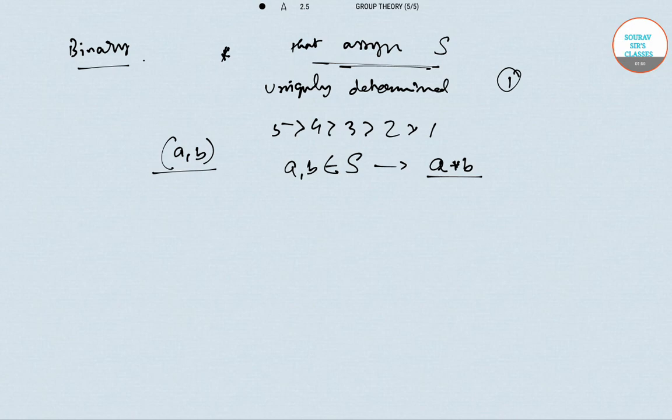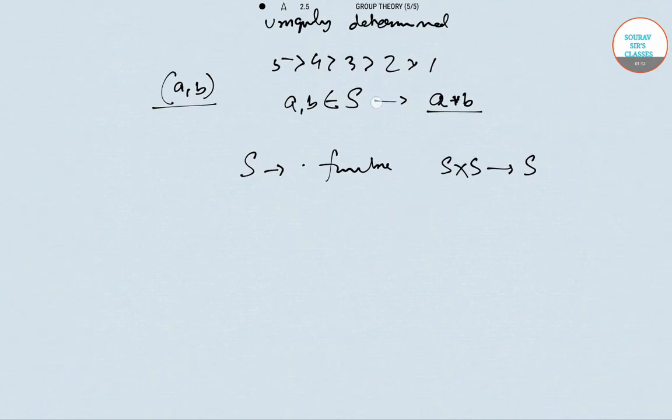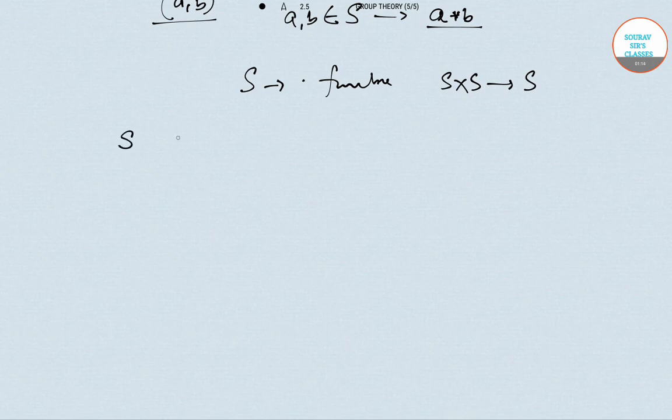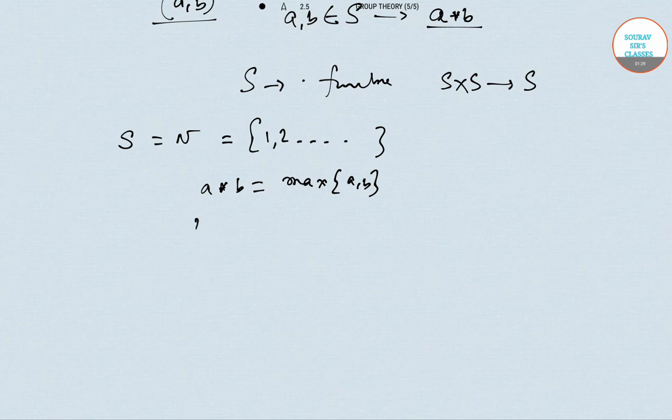In other words, a binary operation on the set S is a map or a function from S cross S to S, from the Cartesian product. We can talk about an example. I will try to make it as easy as possible. Let S equal the natural numbers 1, 2, 3, and so on. We define the binary operation on S, A star B, as the function maximum of A comma B. So the operation on 2, 3 is nothing but 3.